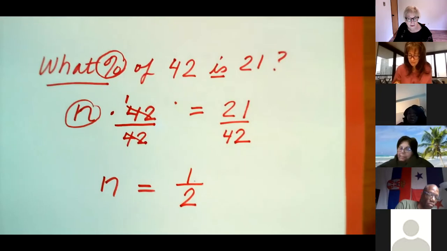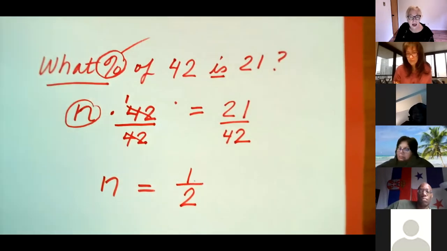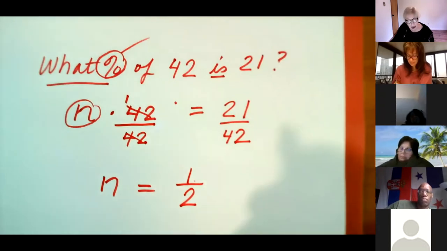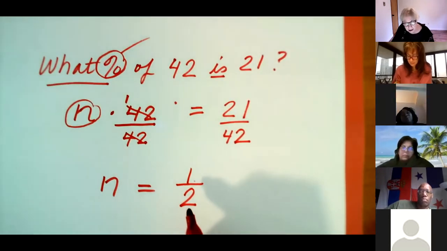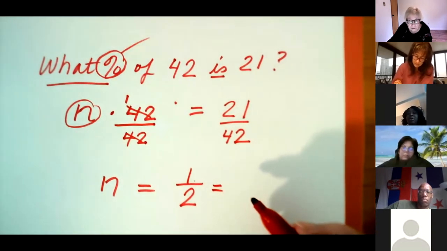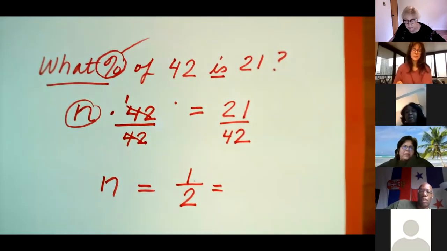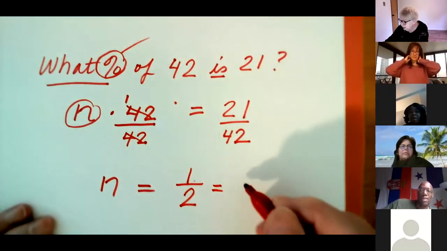But guess what? If you put that into your answer, they're not going to like it because they wanted it as a percent. So this is explaining why we have to go back and forth sometimes. I've got an answer, it's 1/2. But do you know this by heart without making a fuss? Better than 5. 50%.